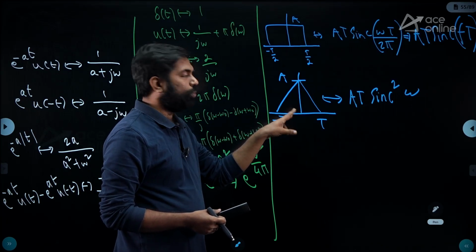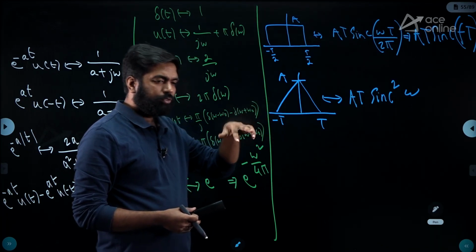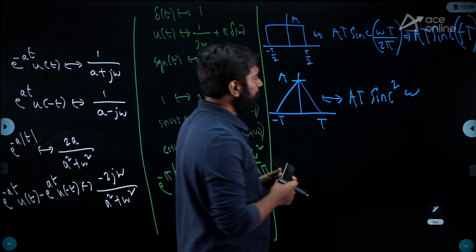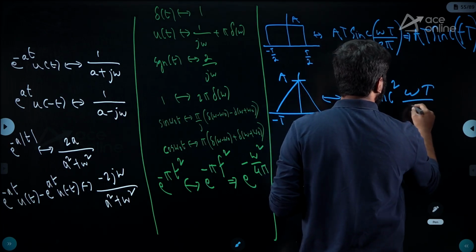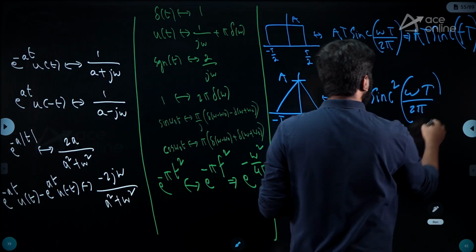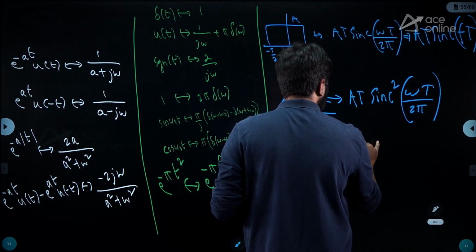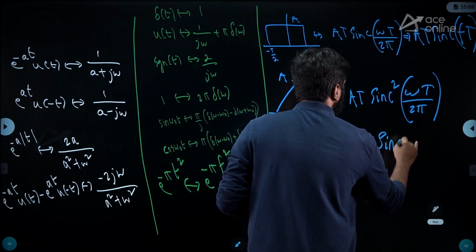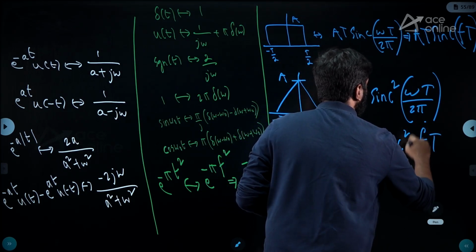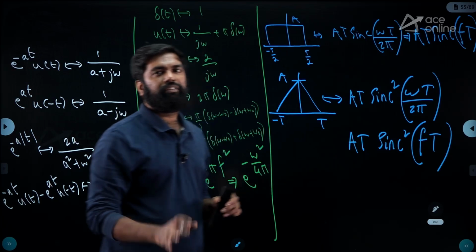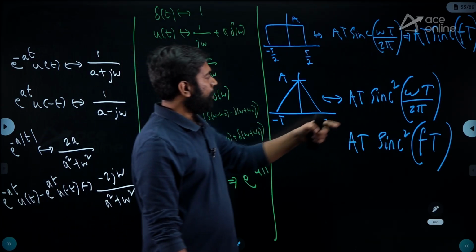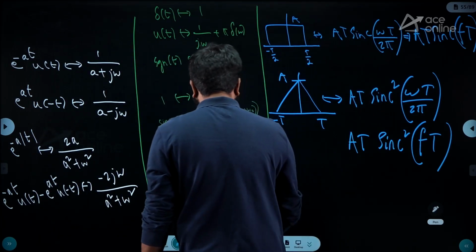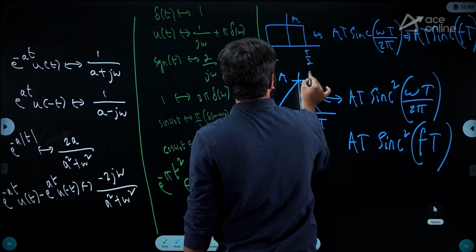This is 2T, students, by 4 pi. 2T by 4 pi is T by 2 pi. So this is again omega T by 2 pi. If you want to write this in the F domain, it is AT sinc square of F into capital T, because they also ask you in the F domain sometimes. Majority of the time it is asked in omega, but they can also ask you in the F domain.